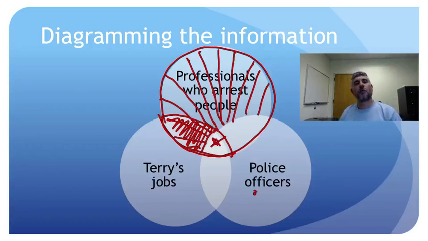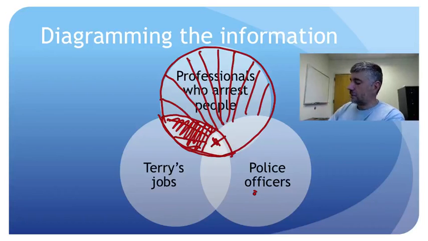You can see that by seeing that their Venn diagrams look the same. The only difference between the two Venn diagrams is the labeling of the circles, the specific categories involved in the arguments. Other than that, everything else is the same. The shading is in the same place, the X is in the same place.